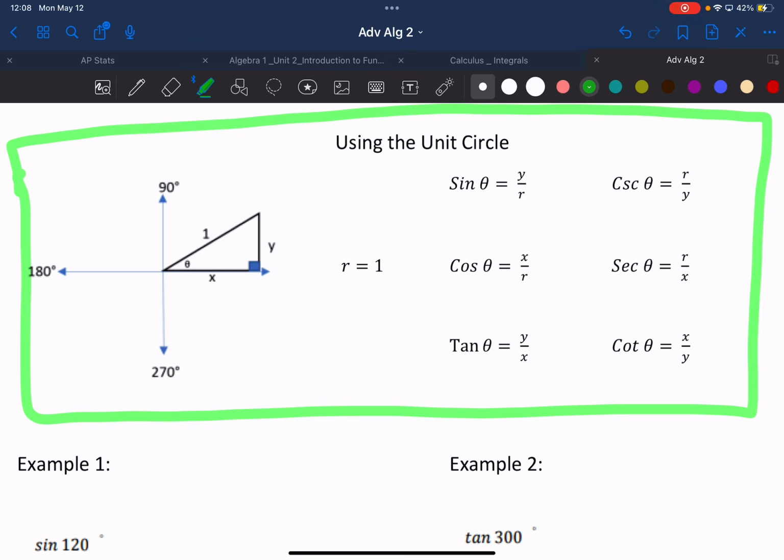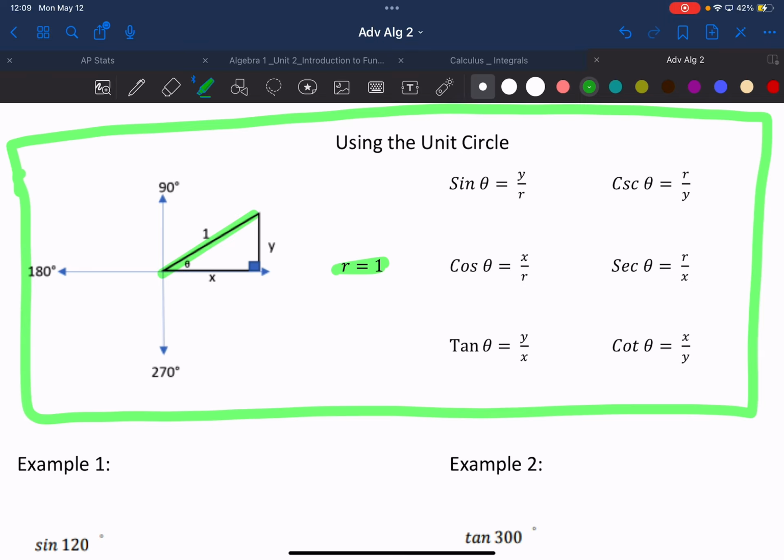Here, notice that the hypotenuse is labeled as r. And r is equal to 1, and r stands for, any guesses? The radius. So the radius of a unit circle is 1 because it only goes to 1 unit on each side. So this is being used as our hypotenuse.